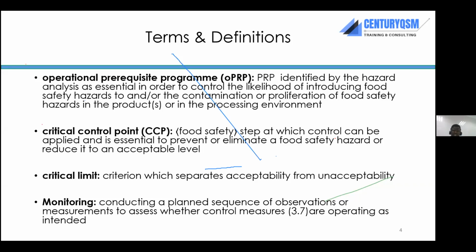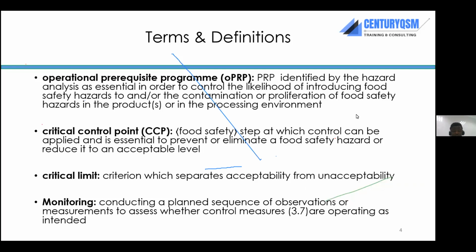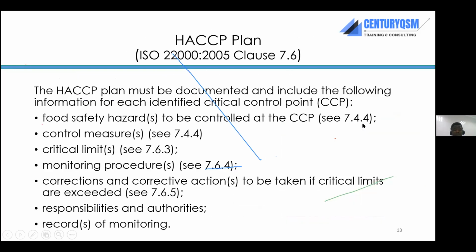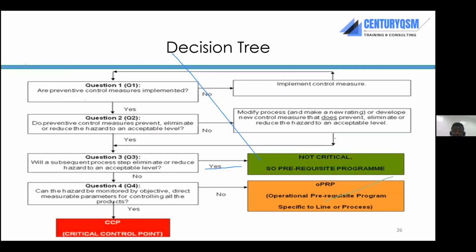For critical control points, the control there is absolute. But for OPRP, it can either be absolute or not absolute. But not to worry, there's something waiting to take care of it. And that is why, if you look at the definition, if you look at the decision tree, you see that.